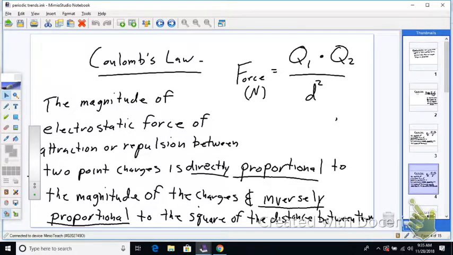And then this is just the written part of this. So this is just saying this equation, we're going to write it out.